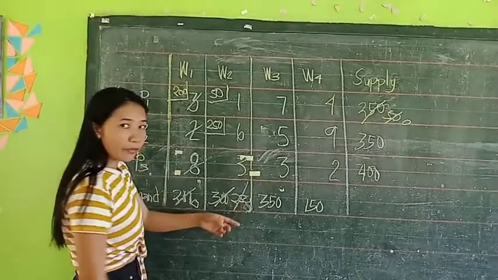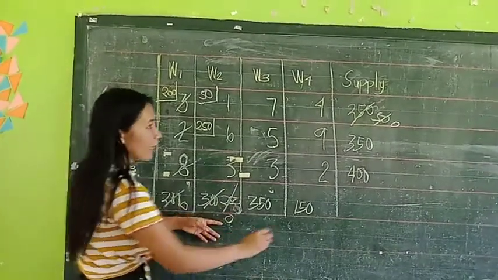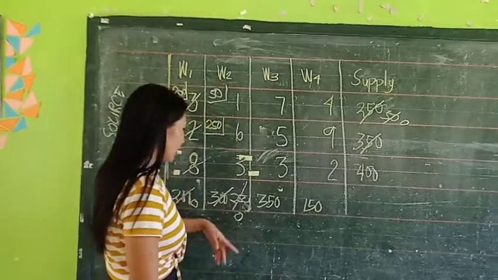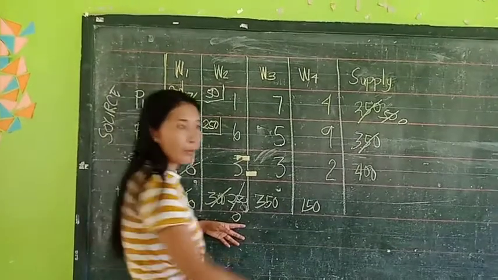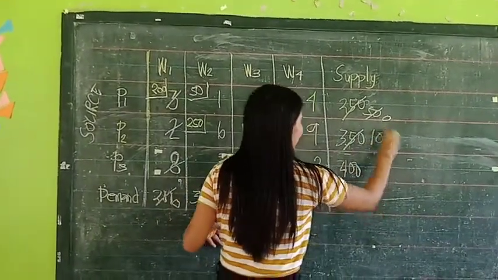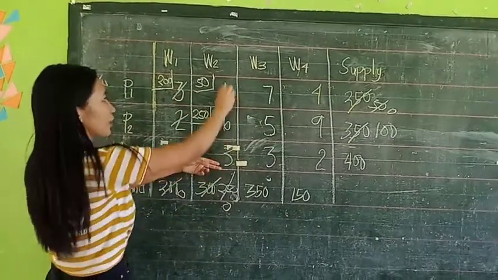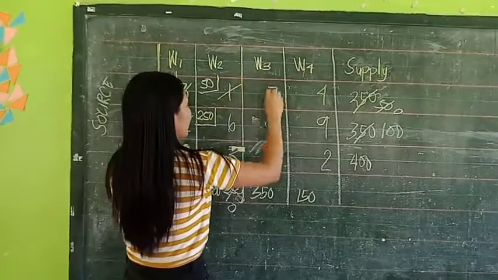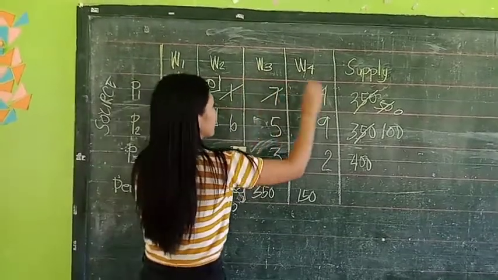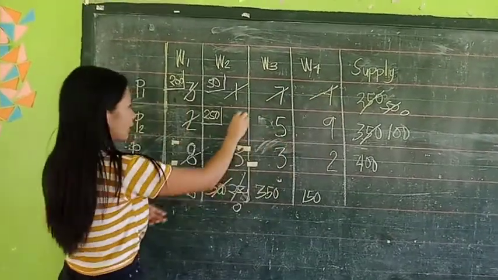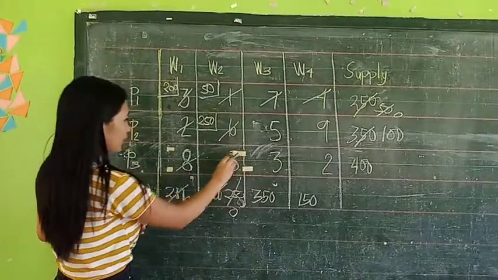So 250 will be 0 and 350 will be 100. Since they are satisfied, we need to cancel in this area. I can't forget to cancel in this area. So cancel and cancel.